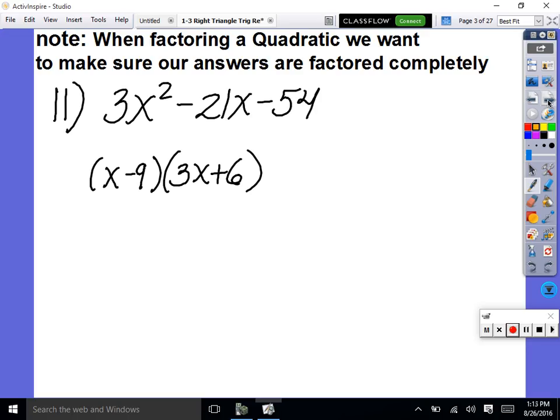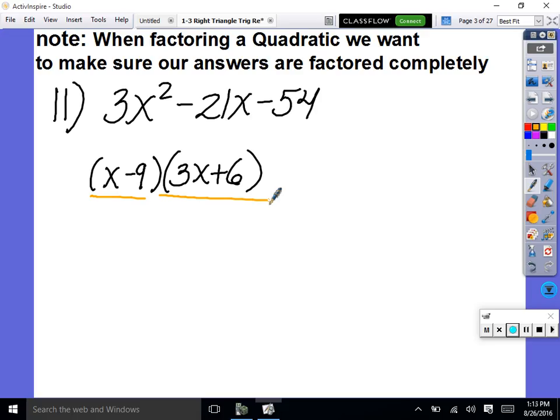Okay, so the last thing I want to say is when factoring a quadratic, which is what we did last time, you're going to get an answer, but you need to make sure it's factored completely. If on a test I said factor completely and you didn't, you'd get it marked halfway wrong. So look up here, on number 11 on 1.2, we would do a times c adds up to b. We'd go through the process and factor, and let's say we get down to this.